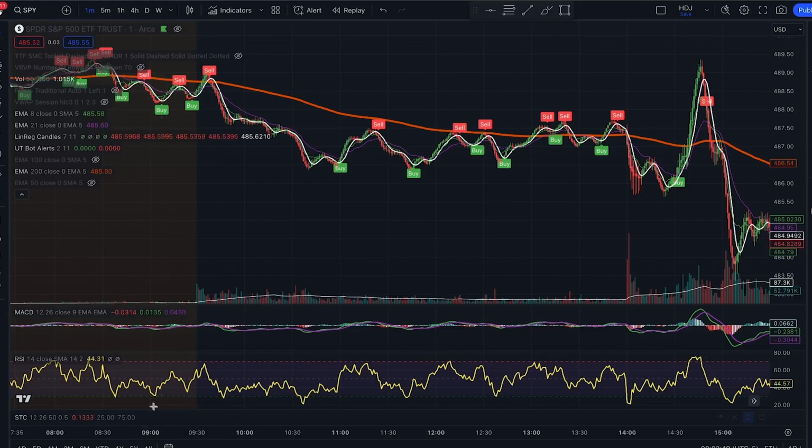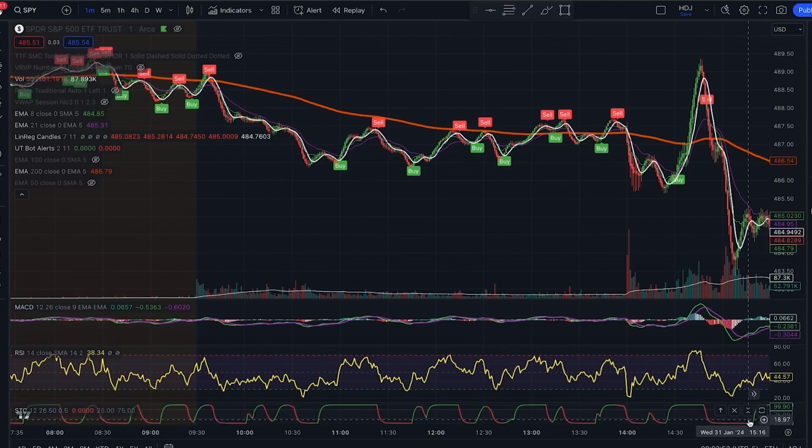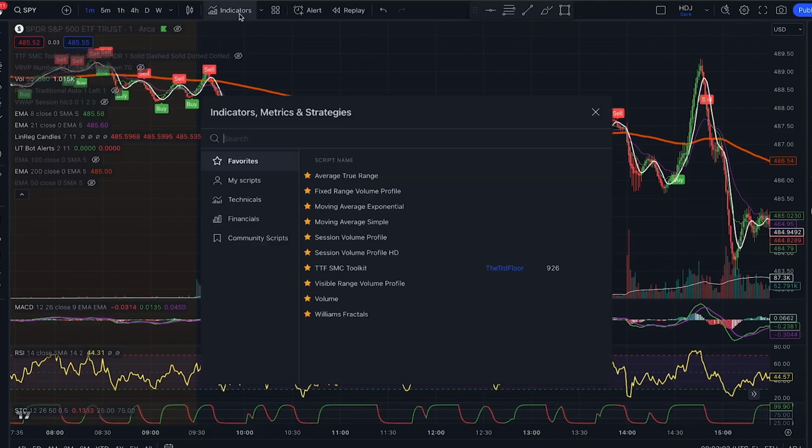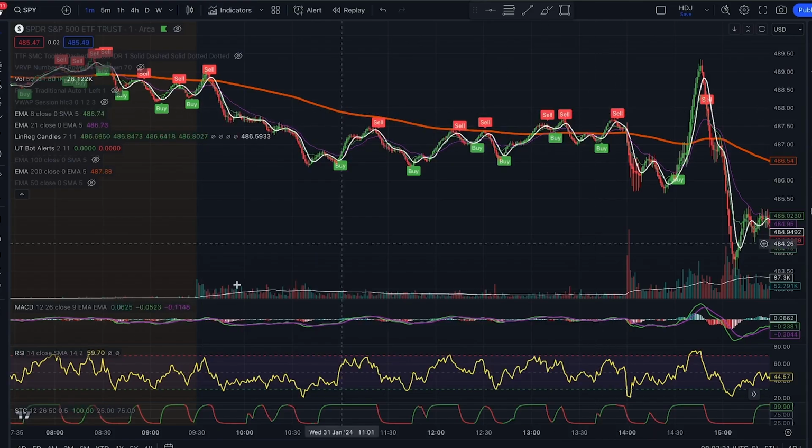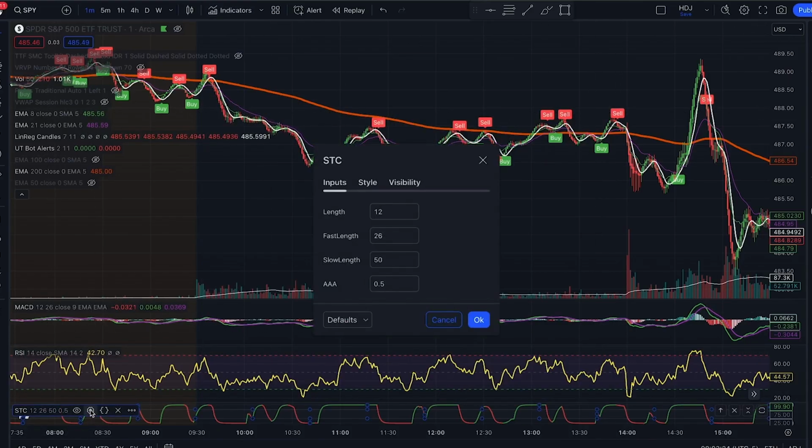Now you also need to add this one here, and let me just see which. Okay. Add this one here, STC indicator. We're gonna add that one. Let me just make sure that's the right one. Yeah. Let me go down here and check the settings real quick.